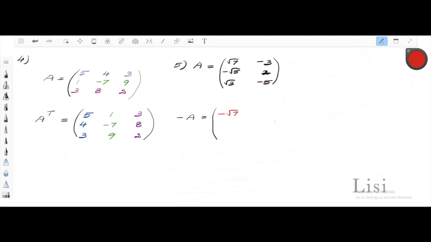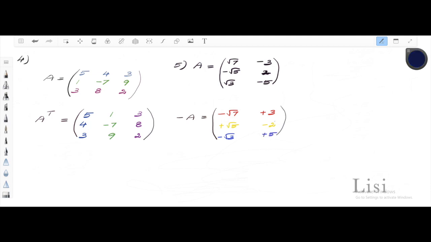In A you are having minus 3, you take plus 3. In A you are having minus root 5, here you put plus root 5. Here you are having 2, so you give minus 2. In A you are having root 3, you take minus root 3. And here in A you are having minus 5, you take plus 5.